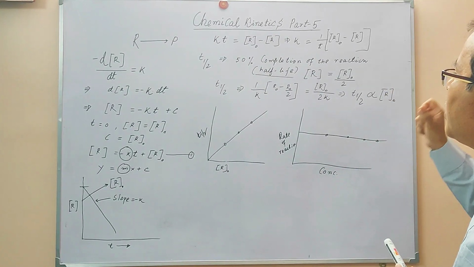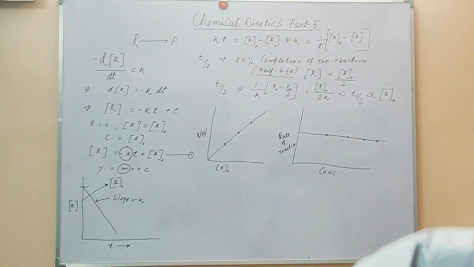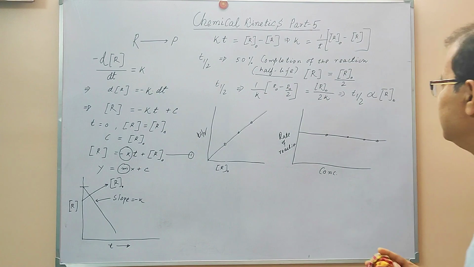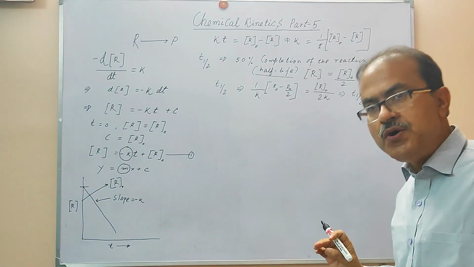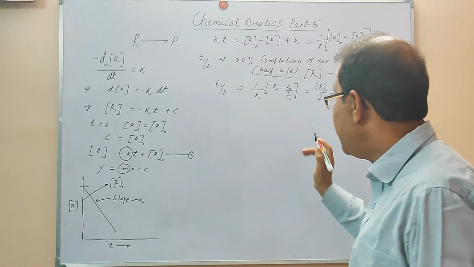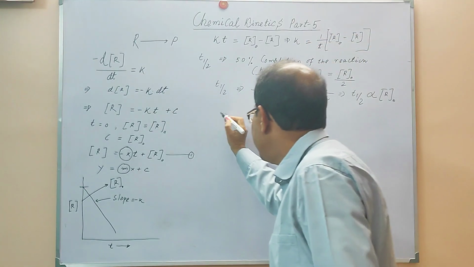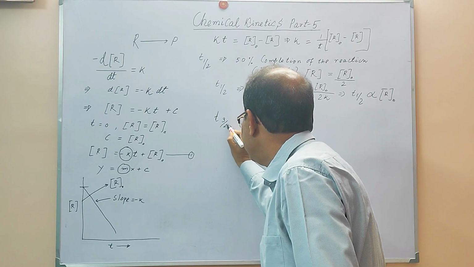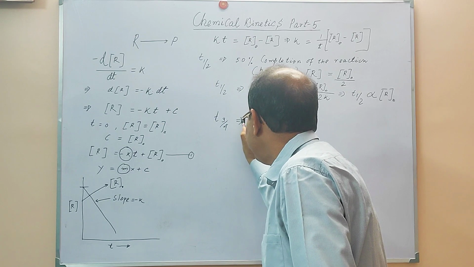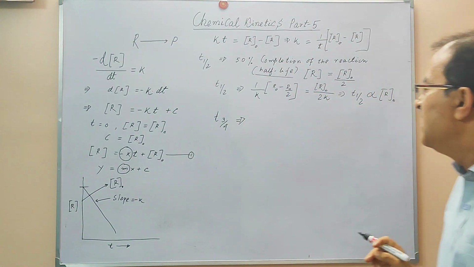See, now what we find: here you have calculated the t half. Now we want to calculate t 3/4, which means 75% of the reaction has been completed.